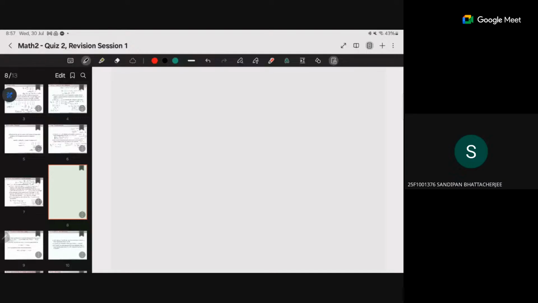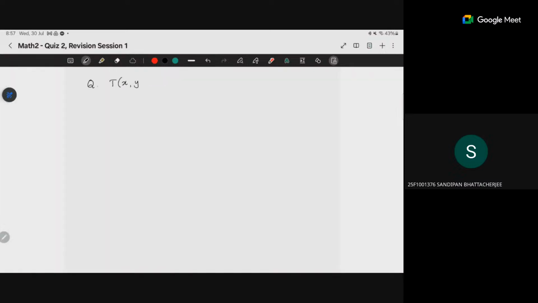So suppose now that T of (x, y) is, I want, let's say, a 2 cross 3 matrix. So I'll do something like this: x plus 2y plus z, x minus y minus z. Now, if I want to verify whether this is surjective, what do I need to do?